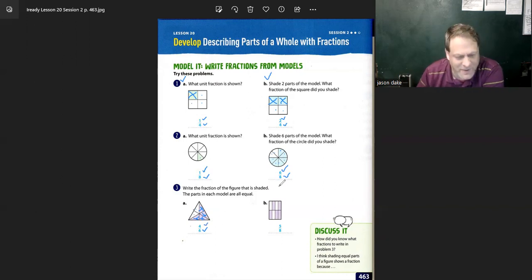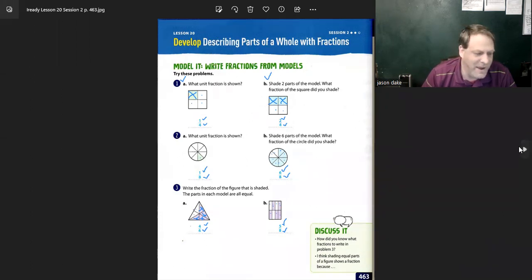Let's look at the last one, 3B. How many parts? 1, 2, 3, 4. 4 plus 4 is 8. How many shaded in? 1, 2, 3, 4, 5. 5/8 is the total.